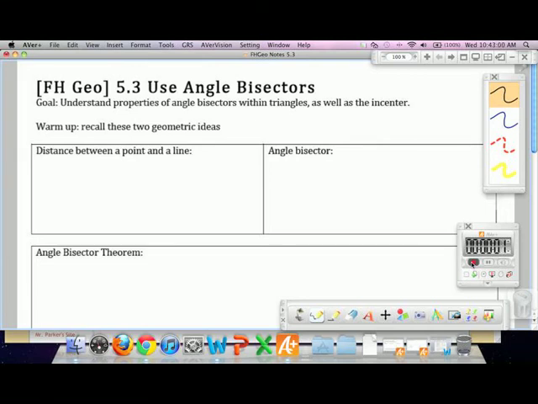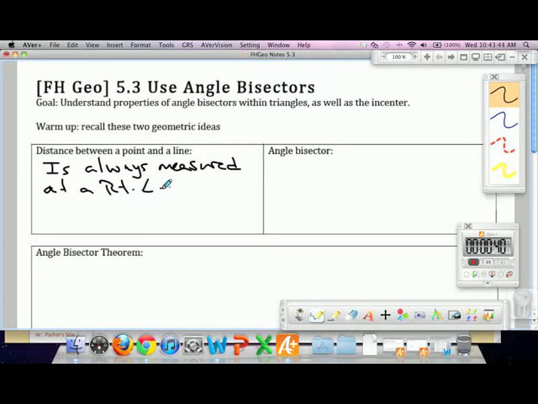We're going to remind you of two facts that we're going to be using throughout. The distance between a point and a line is always measured at a right angle.